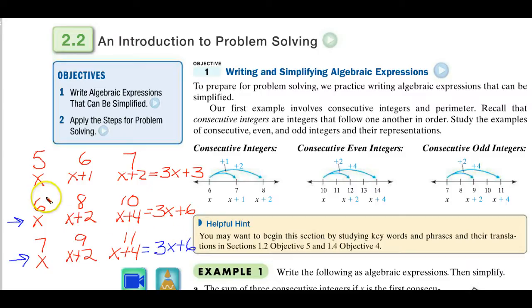But the key is, how do you define your first integer? If it's even, adding 2 gives you the next even. If it's odd, adding 2 gives you your next odd. So there is some mystery there. How could that be?